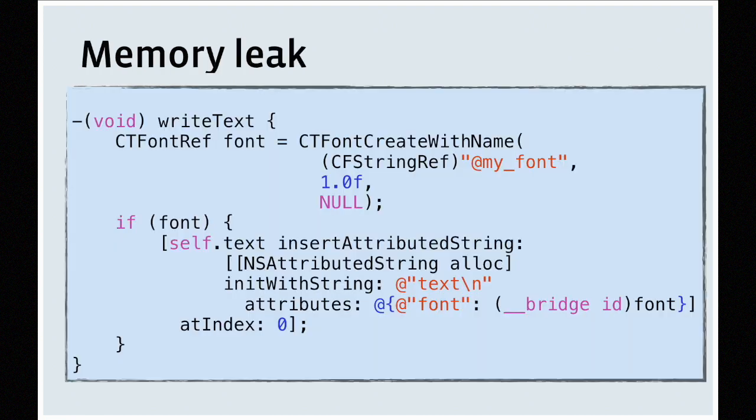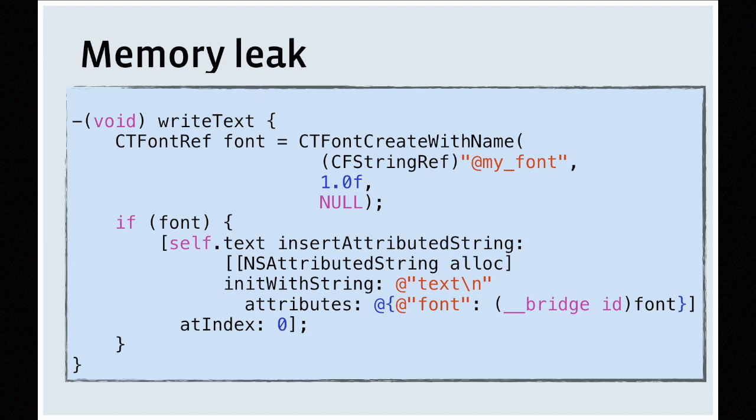So another example that we have is the memory leak. The kind of memory leaks that we support are the ones that come from these C libraries, Core Foundation or Core Graphics. These kind of objects need to be released manually, even with ARC.